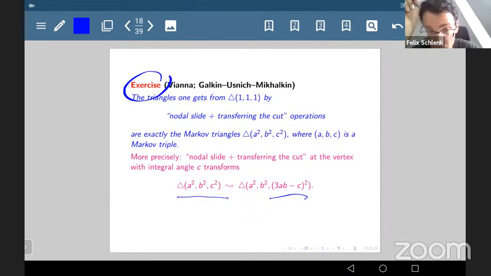I think you can do it in half an hour if you want. It would not be very instructive to write it down. But once you observe it, it's an exercise. So this mutation, this shearing around, starting from the CP2 triangle, corresponds exactly to the Markov tree.